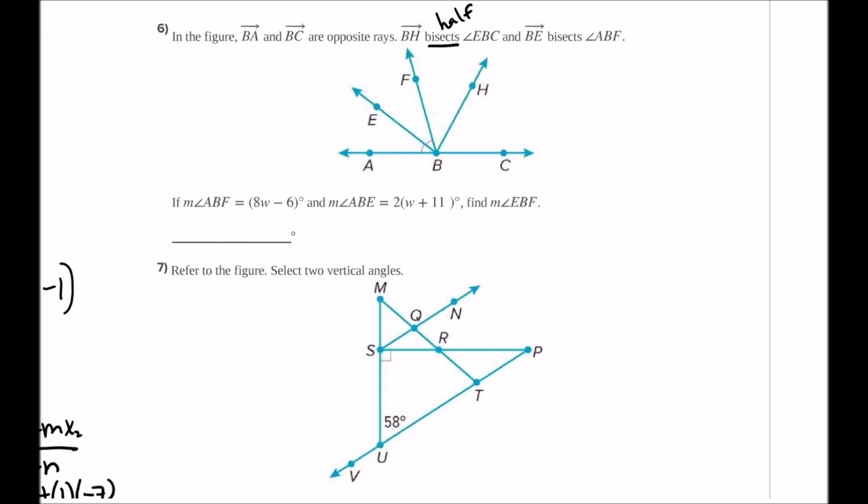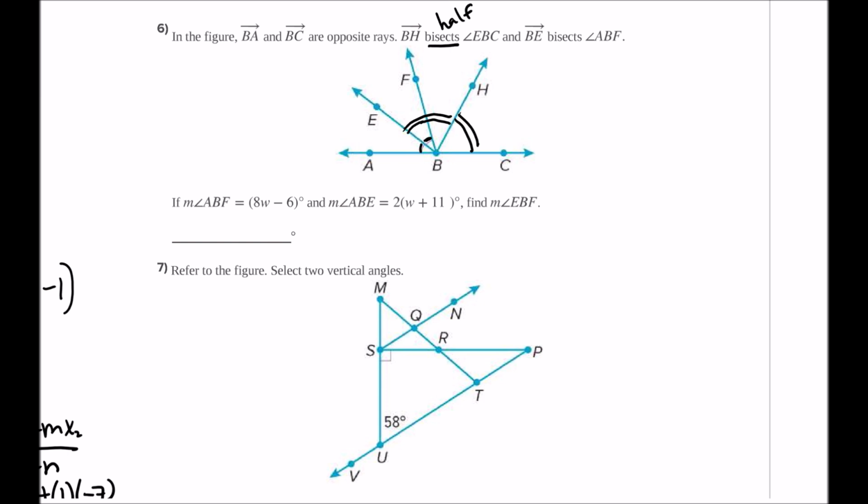So that means this angle here is congruent to this angle here. Those two angles are congruent. And then it says BE bisects angle ABF, and so that means this is congruent to this, which they already labeled there.